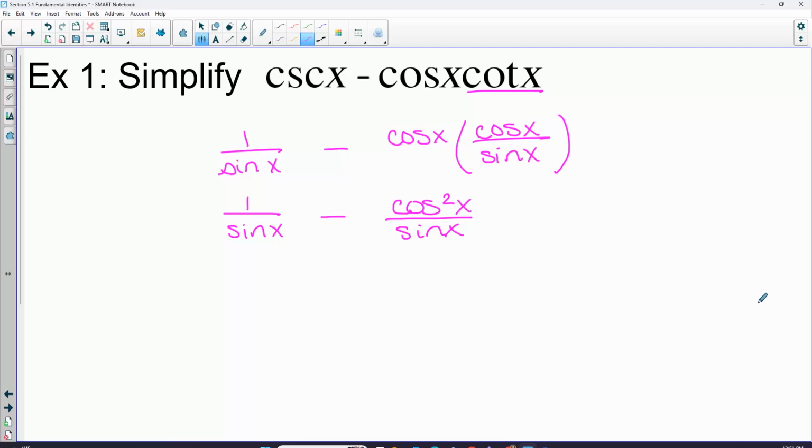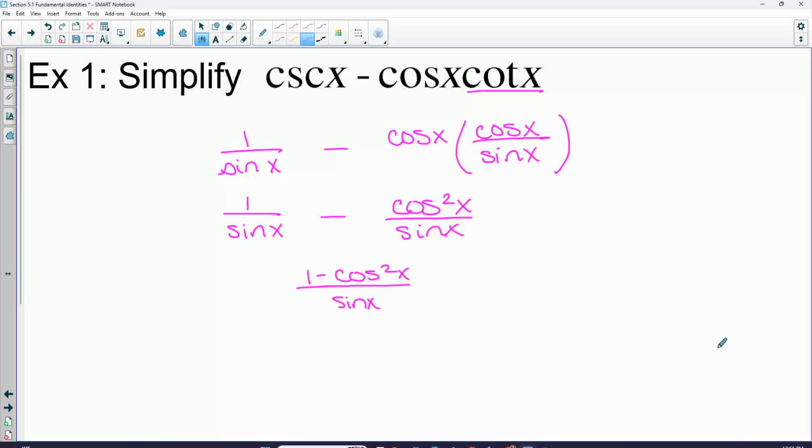If you want to add or subtract fractions, what do they have to have? Common denominator. Do we have a common denominator? Yeah, so I could combine these things into 1. 1 minus cosine squared x over sine x.